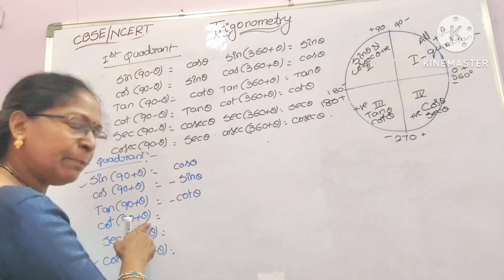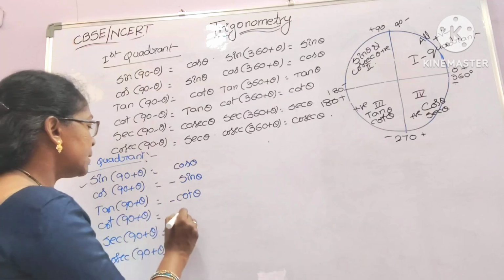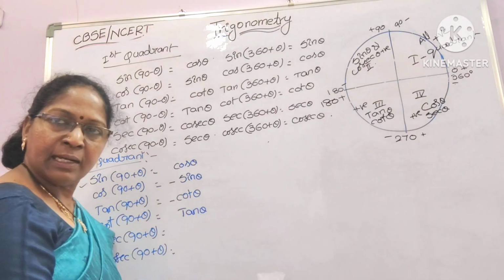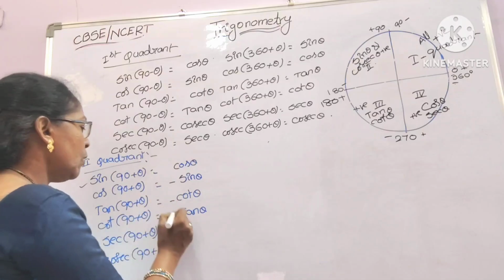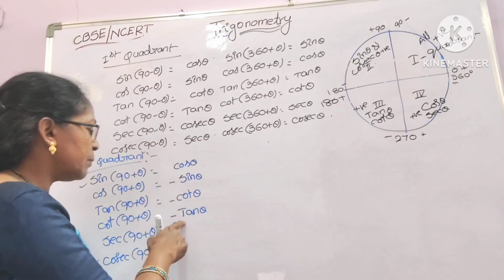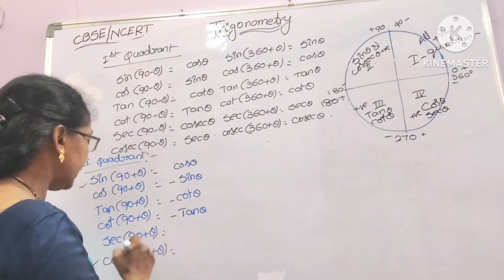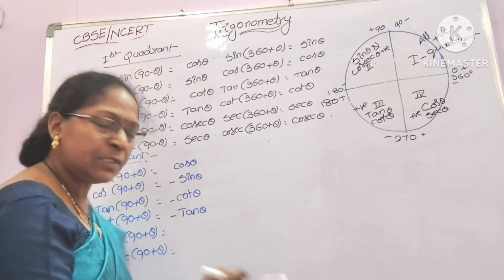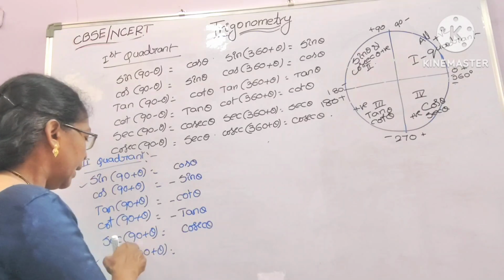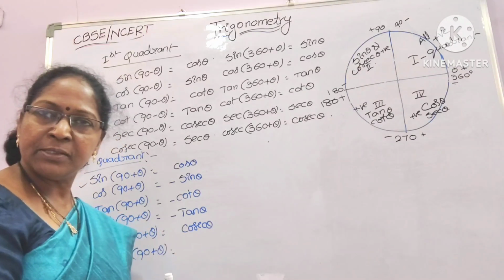Here cot 90 plus theta, cot becomes tan. 90 plus theta is in the second quadrant. So in the second quadrant, cot also becomes negative. Secant 90 plus theta, secant becomes cosecant. Again 90 plus theta comes under the second quadrant.